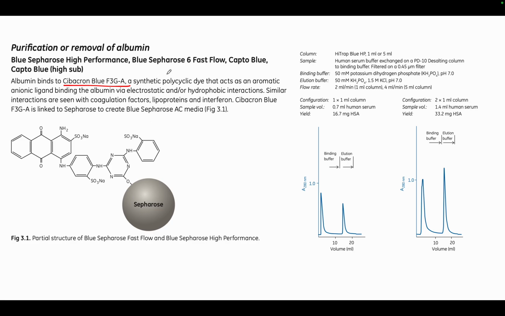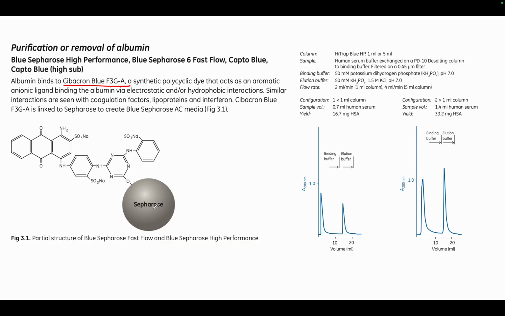This binds via electrostatic and hydrophobic interactions, and can be also used to purify things like coagulation factors, lipoproteins, and interferon. Right? Because it's not a natural ligand of that protein. It's just by chance that albumin happens to bind to this because it has a complementary structure. But since it's not a natural ligand, it's not a very specific interaction only for albumin. Okay? So, for example, we have our blue dye, Cibacron Blue, which is conjugated to our bead.